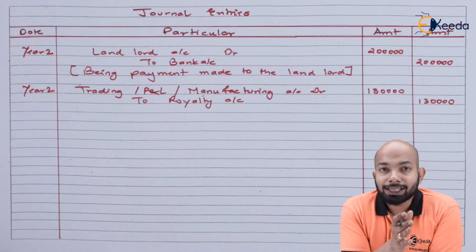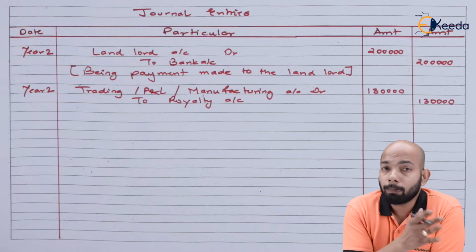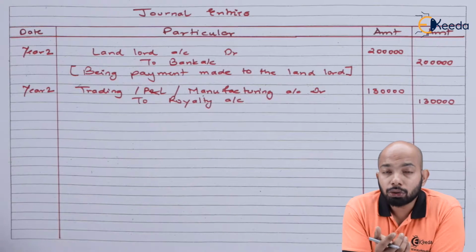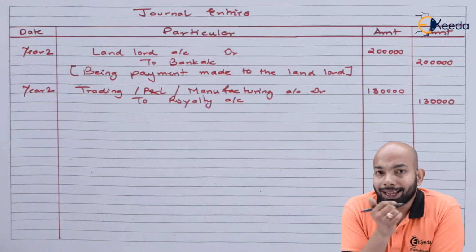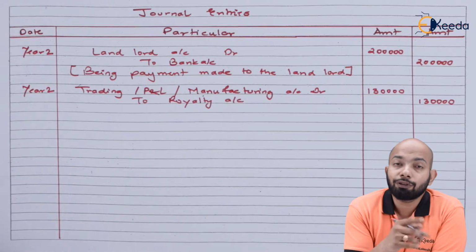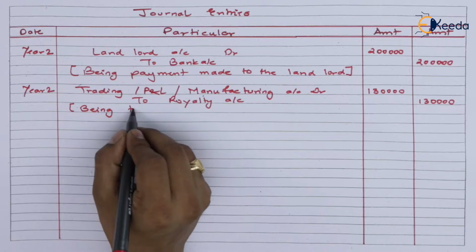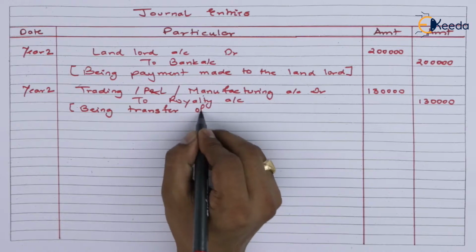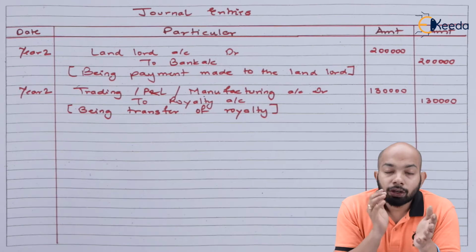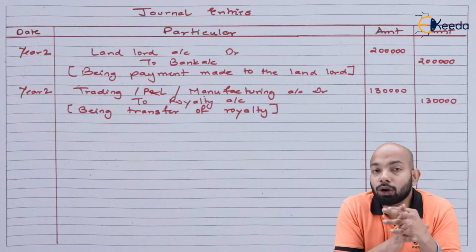So the entry has been passed here, that is trading account debit or profit and loss account debit or manufacturing account debit to royalty account, and this account has been credited with 1,30,000 and debited with 1,30,000 itself, which is the transfer of royalty now. So we have completed year 2 entries with the transfer of royalty.